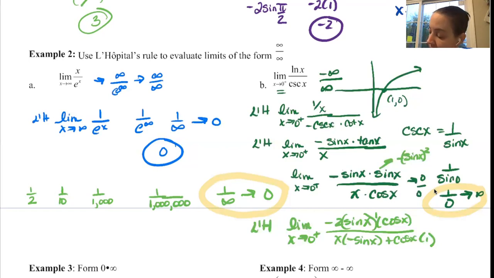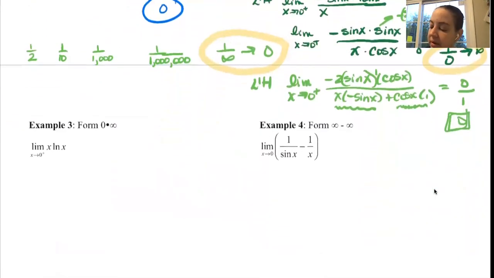So the top is a 0. Might be panicking a little bit. Oh no, I hope the bottom's not 0. So let's check it out. If I put it in here, this is 0 times 0, which is definitely 0. But cosine of 0 is good news. Cosine of 0 is 1. 0 over 1 is equal to 0. Awesome. So these are a little bit different, but I like L'Hopital's rule.